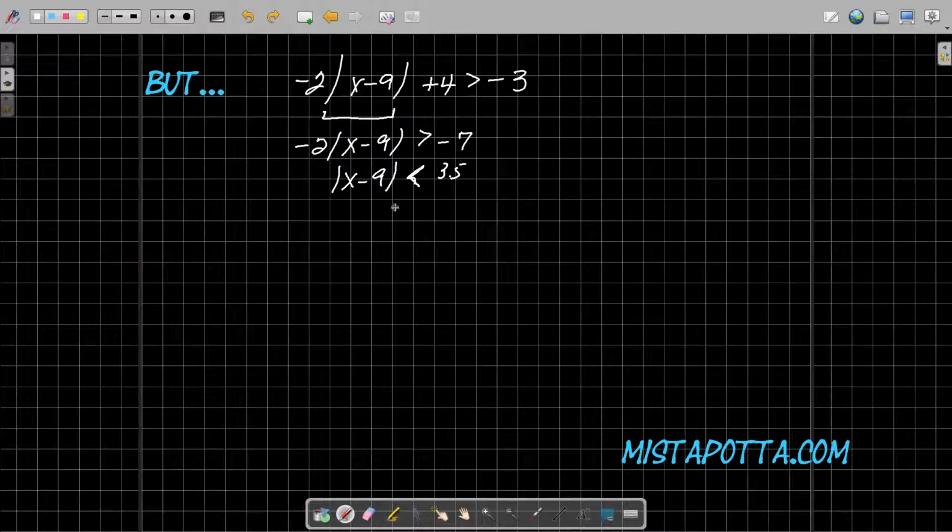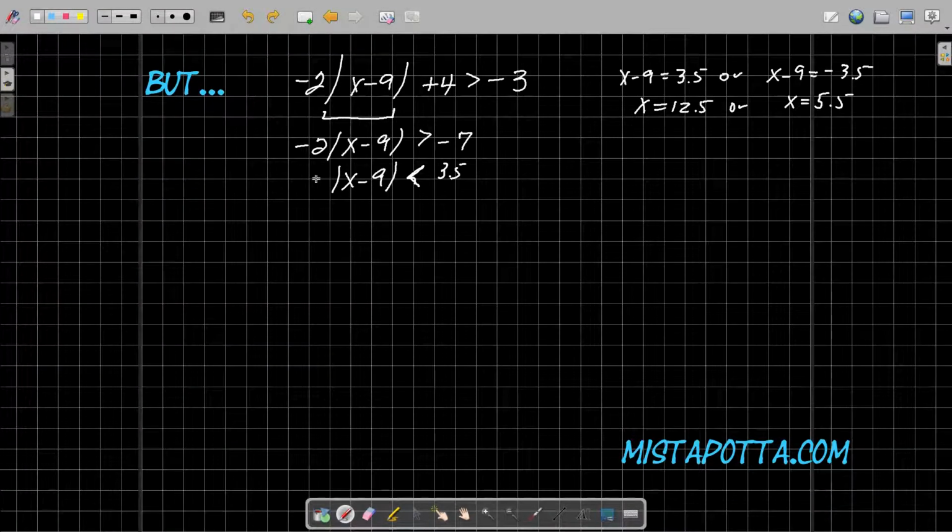And so now to find my boundary points, I want to find out where this is equal. So x minus 9 equals 3.5, or x minus 9 equals negative 3.5. And I can either add to give me 12.5, or I can subtract, which is going to give me 5.5.